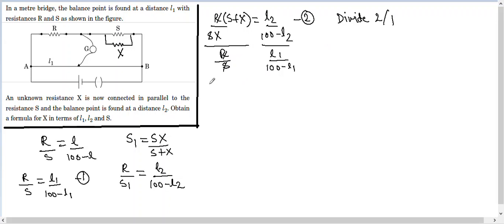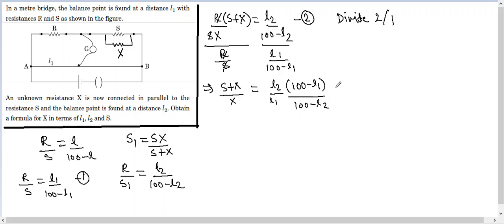So directly what we can get now is that S plus X upon X is equal to L2 upon L1 into 100 minus L1 upon 100 minus L2.